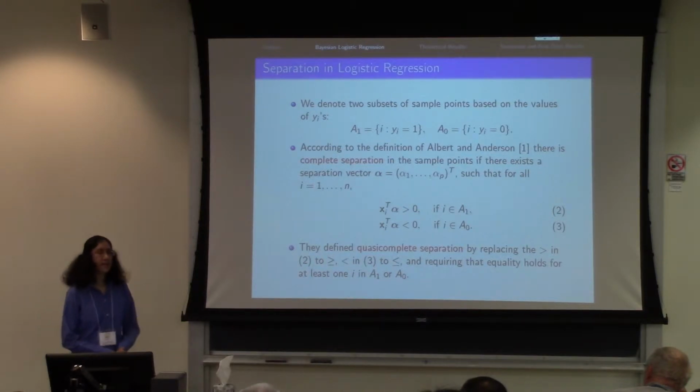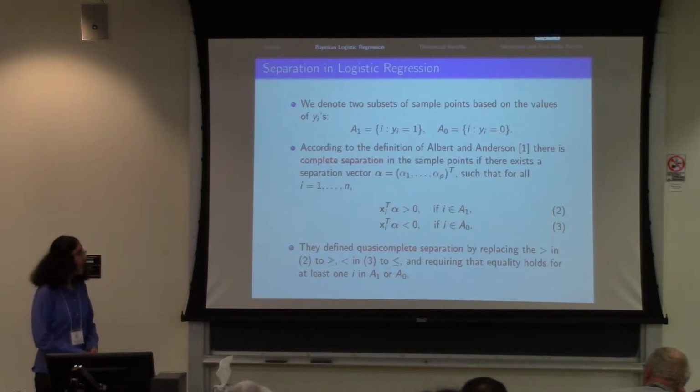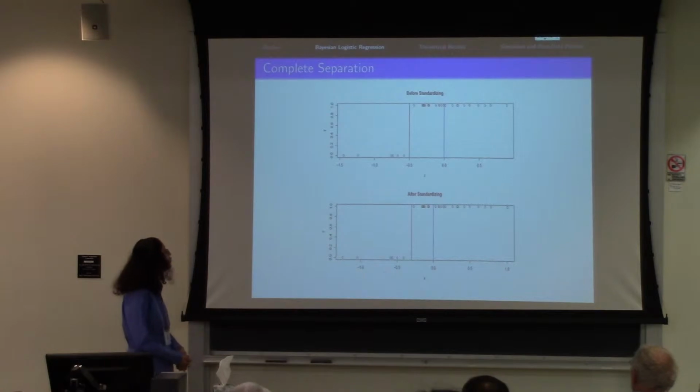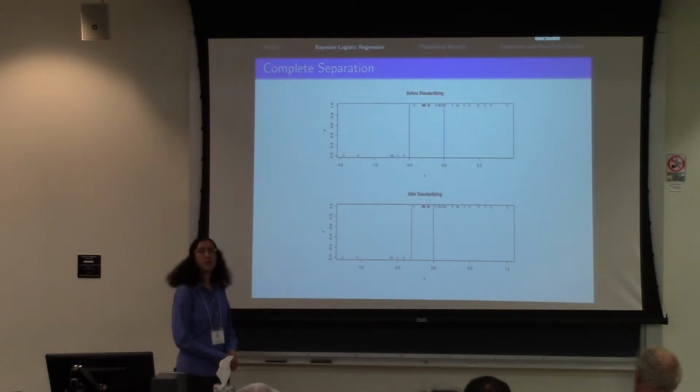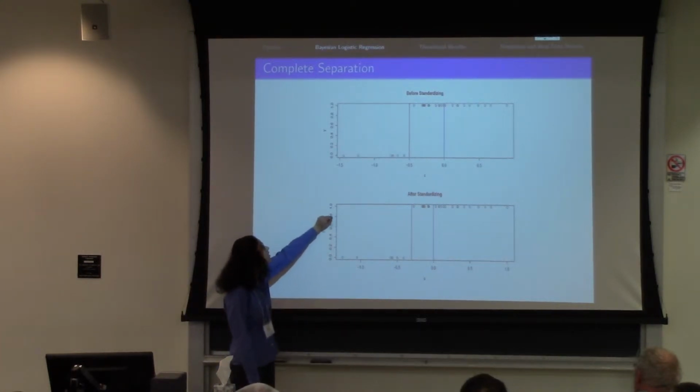So he recommended the Cauchy prior also when there is this particular situation called separation in logistic regression. And let me show you a picture first, which is possibly easier to understand if you haven't seen it before. So suppose we just have one predictor in the model, Z here, and Y is the binary response variable.